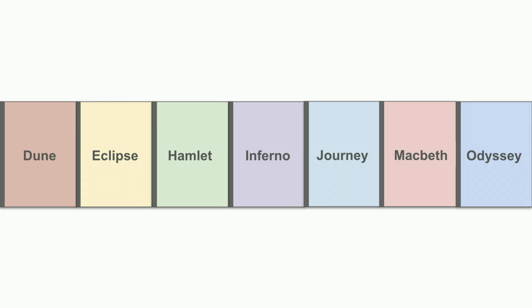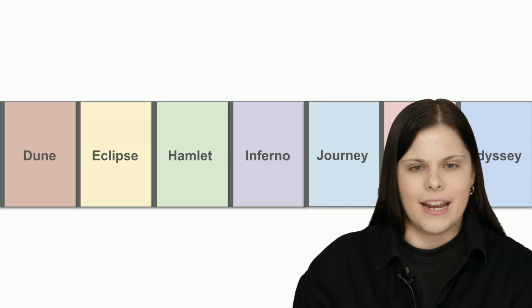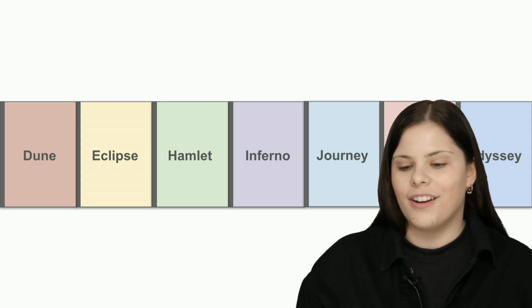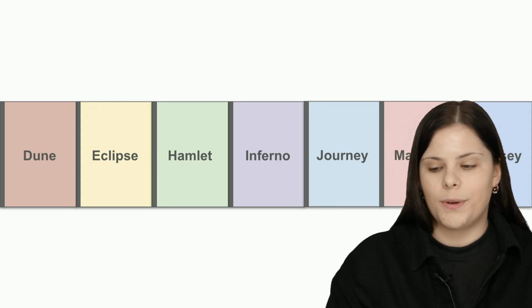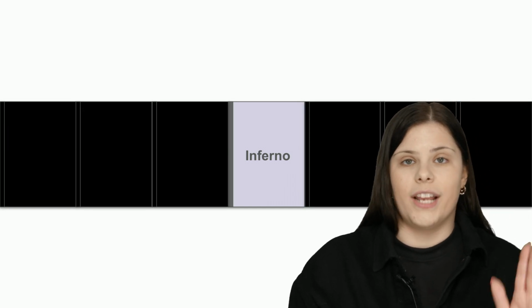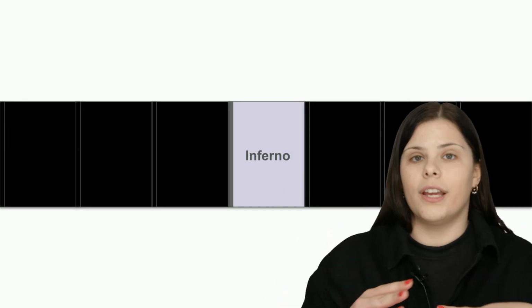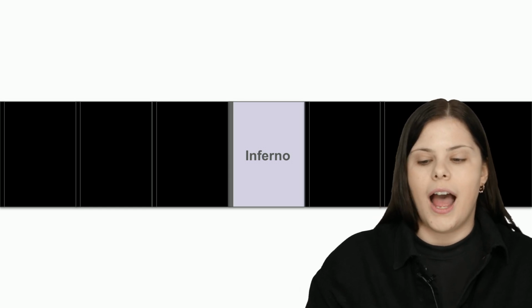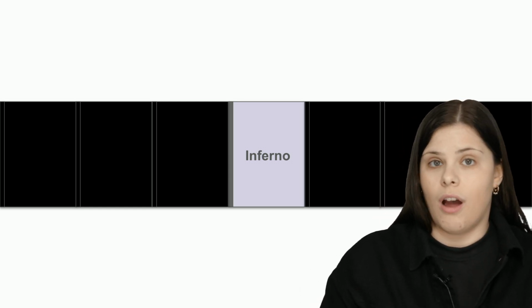How does binary search work? It is really sort of like divide in half and conquer. First, I'm going to look in the middle at the book called Inferno. It's the 4th book in the order, so the middle. I now see that it's not Journey.